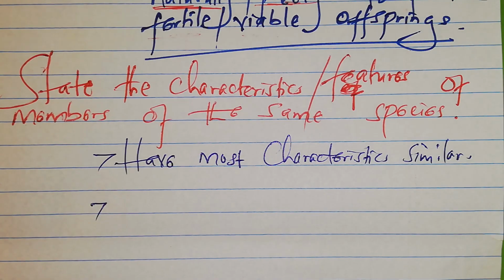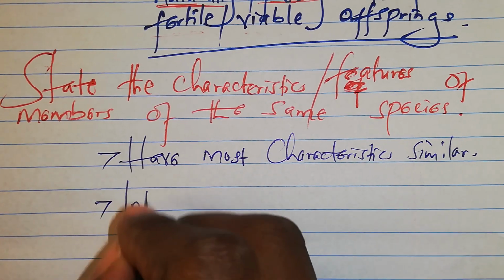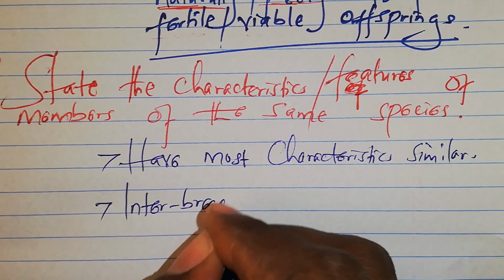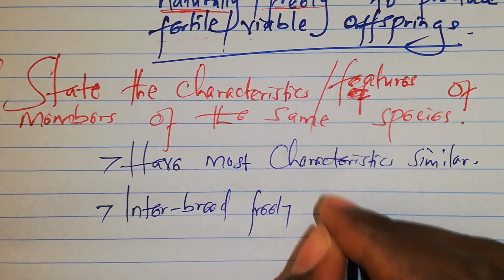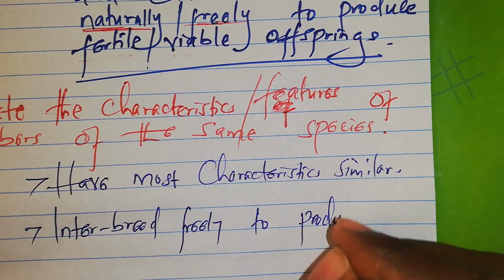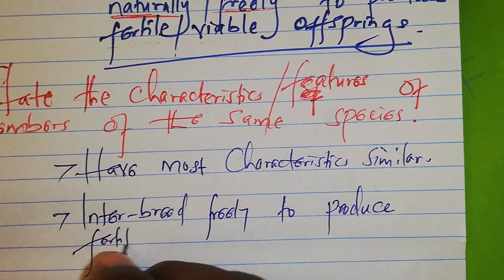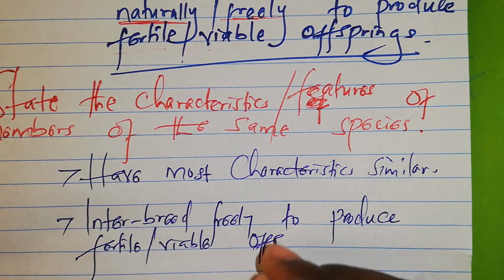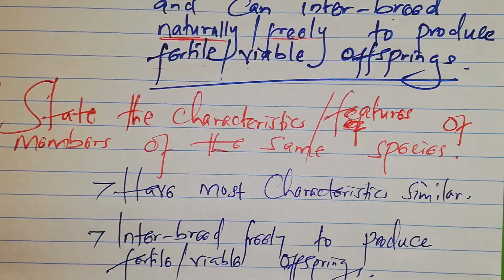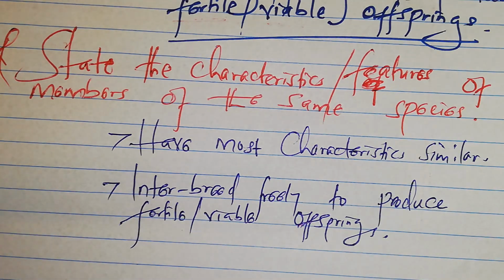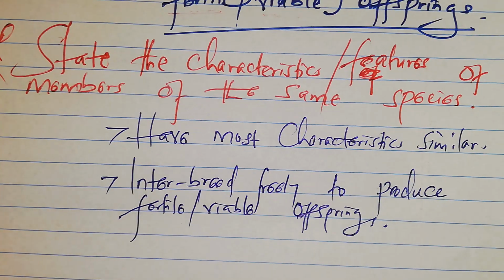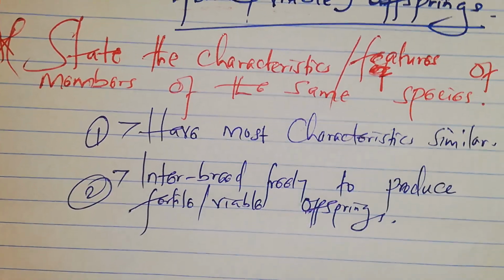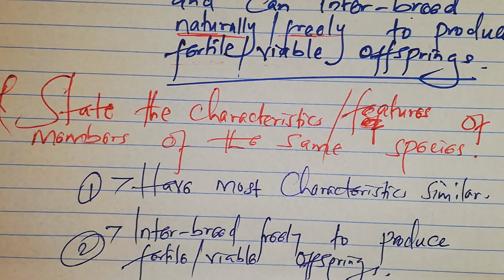Then number 2, they can interbreed freely to produce fertile or viable offsprings. So that is the way you respond to that question. Members of the same species have most characteristics similar, and number 2, they can interbreed freely to produce viable offspring.